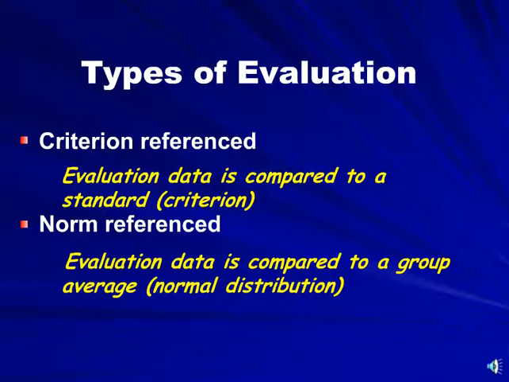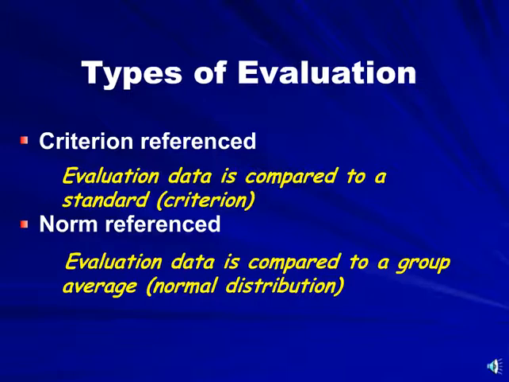The difference between criterion and norm-referenced evaluation is a pretty important one in our business. When we conduct criterion-referenced evaluations, what we're doing is collecting data, and then we're comparing either our students or our programs to some kind of a standard or a criterion.